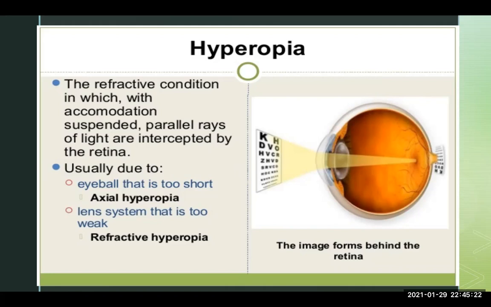With accommodation suspended, the rays of light are intercepted behind the retina. Usually the eyeball is too short, which is axial hyperopia, or the lens system is too weak, which is called refractive hyperopia. The refractive power of the lens and the cornea is lesser than normal, so the light rays diverge to form a focus behind the retina.